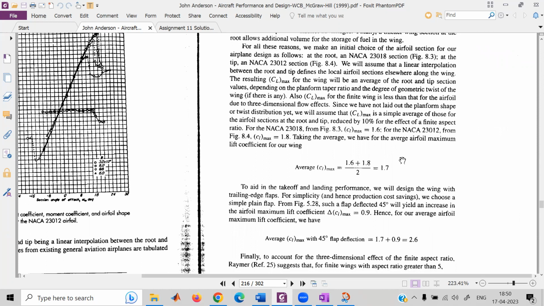The argument is that in the United States, these general aviation aircraft were using these 5-digit airfoils with almost 12 to 18% thickness, so the author thought to go with those airfoils only. So we are not going with one airfoil, but we have two different airfoils at root and tip. Yes, sir, I remember it.